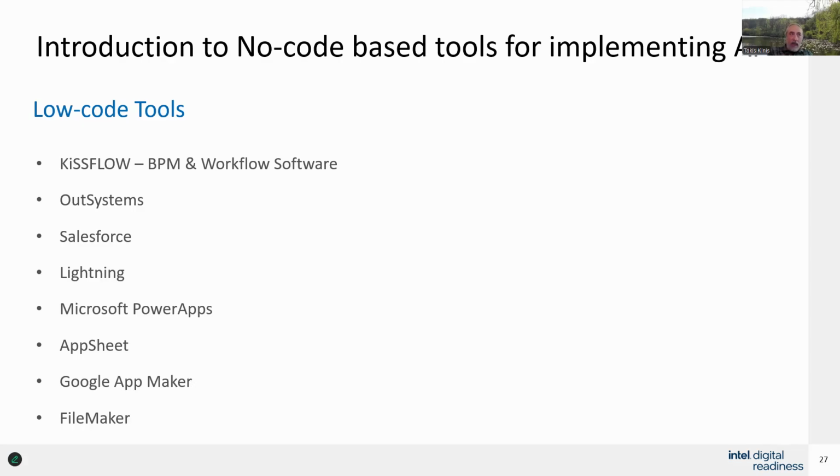There's a little bit of coding that you need to know, but generally it's mostly drag and drop, right? So this is an example. But if you're interested in exploring, once again, here are some great examples. Ones that I've played with on this screen: I've played with Power Apps, the Google App Maker, and FileMaker. I've played with all of those.